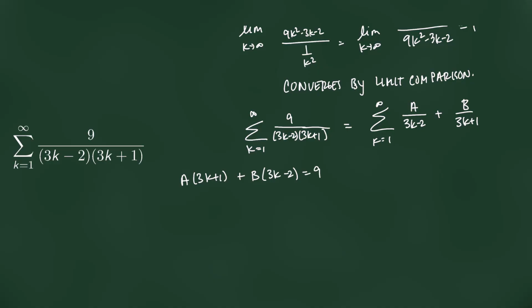And if we let k be, let's see, negative 1/3, then that gives us a times 0 plus b times negative 3 is 9, which means that b must be negative 3.